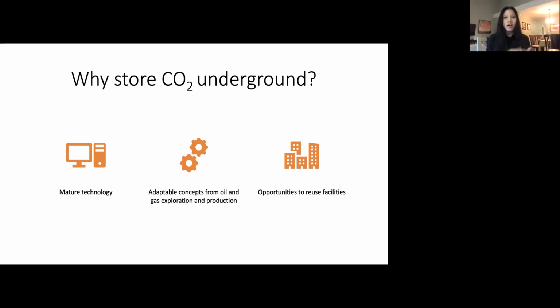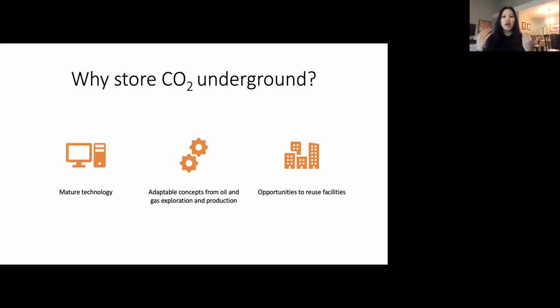So we're going to see lots of oil and gas fields being closed, and more and more oil and gas facilities being decommissioned. It's going to be much better if we can reuse those facilities for storing CO2.